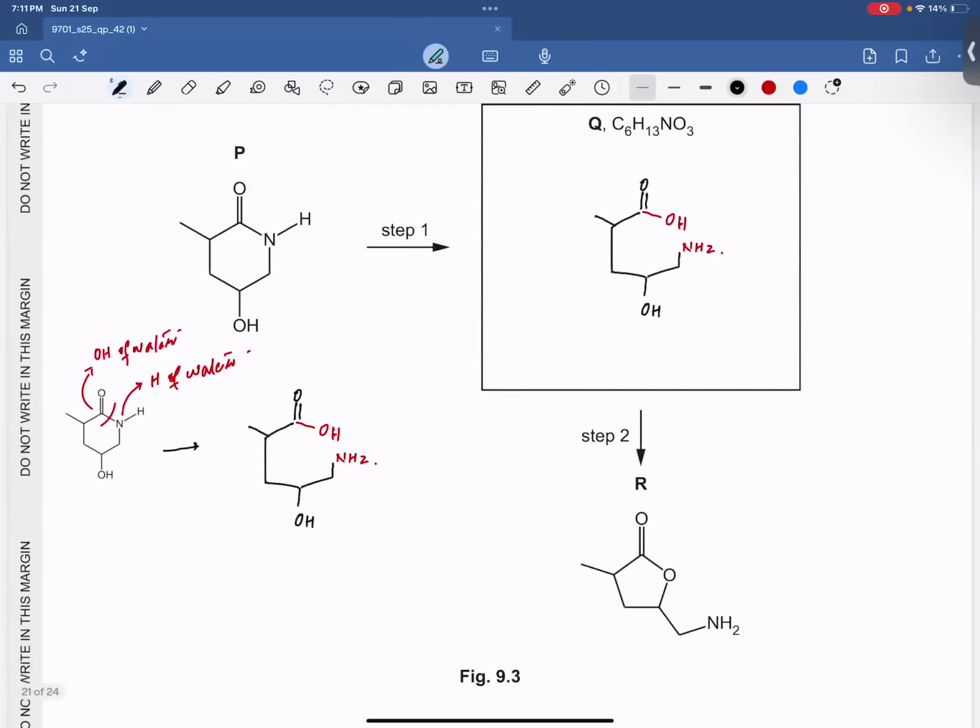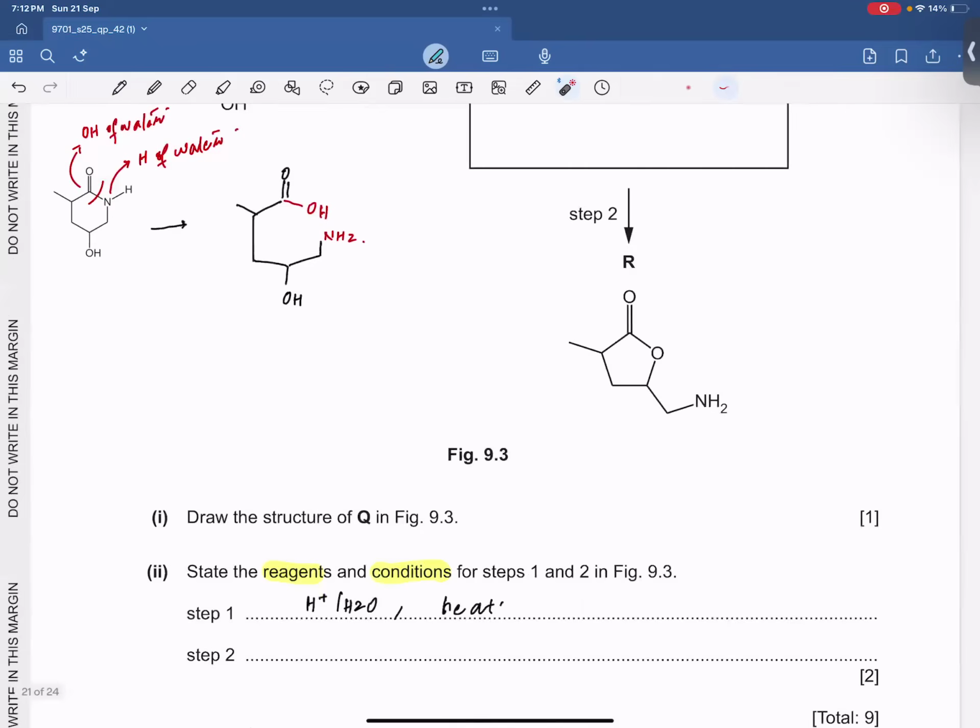Now in step 2, this compound converts into this. This carboxylic acid is converting into an ester, which means I need to swap these two functional groups.